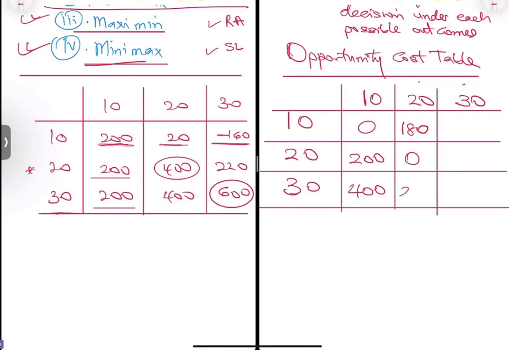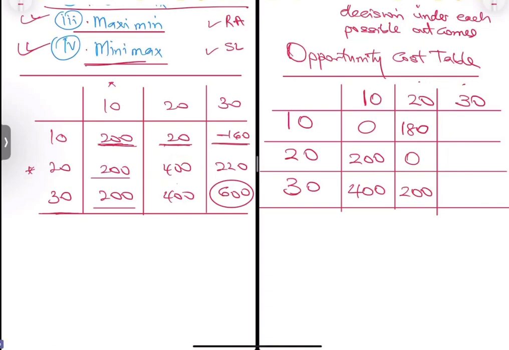200. Exactly. Because if you buy 20 and the market is asking for 10, the best outcome would have been to make 200, and the decision would have been to buy 10. So there's a regret because we only made 20 and would have made 200. So we are regretting losing out by 180. If the market is asking for 20, luckily for us, buying 20 is the best outcome.